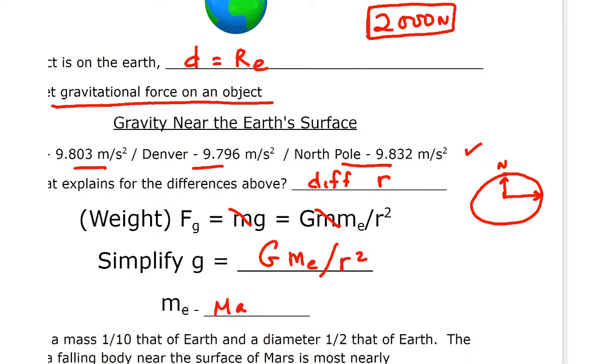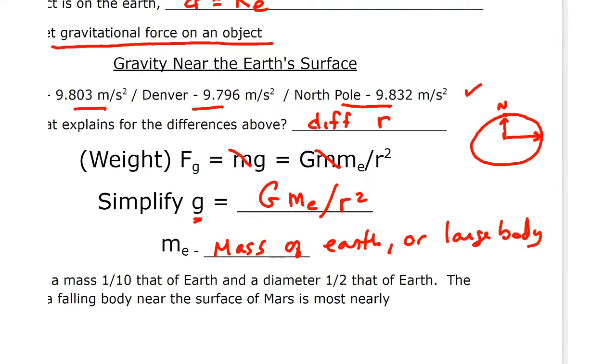M is the mass of the Earth or large body. If you got problems involving Jupiter, the mass of Jupiter would determine the g. If you're near Mercury, the mass of Mercury will determine the g, and certainly the r, the separation distance. Let me show you how this works.